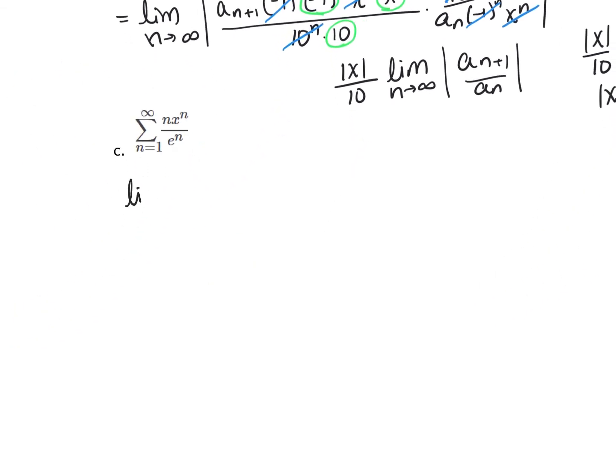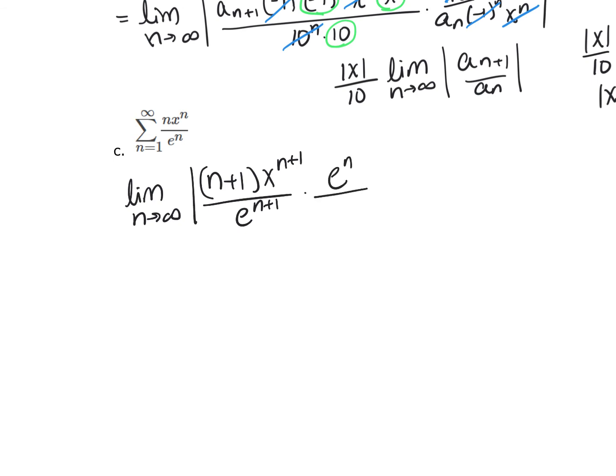So the limit as n goes to infinity of n plus 1, x to the n plus 1, e to the n plus 1, multiplied by the reciprocal, so e to the n over n, x to the n. This is the limit as n goes to infinity.